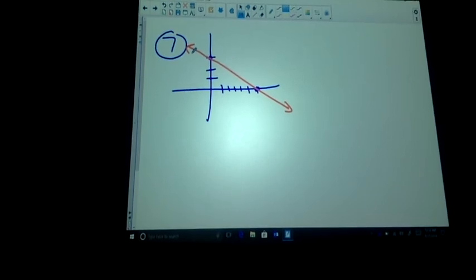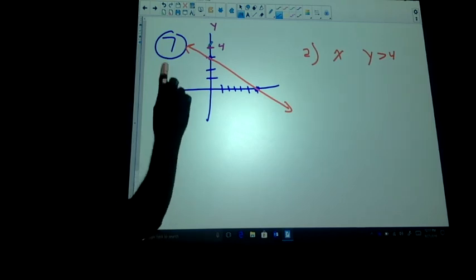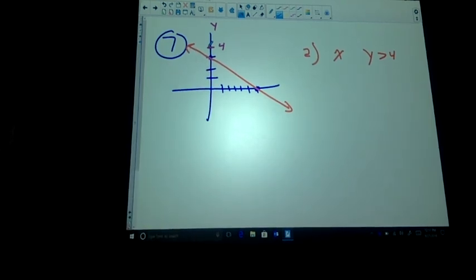All right, so A says, for what values of x is y greater than 4? Okay, so this is my y, so that's your 4. So what values of x allow our y value up there to be greater than 4? It's like this part of the graph we're talking about.